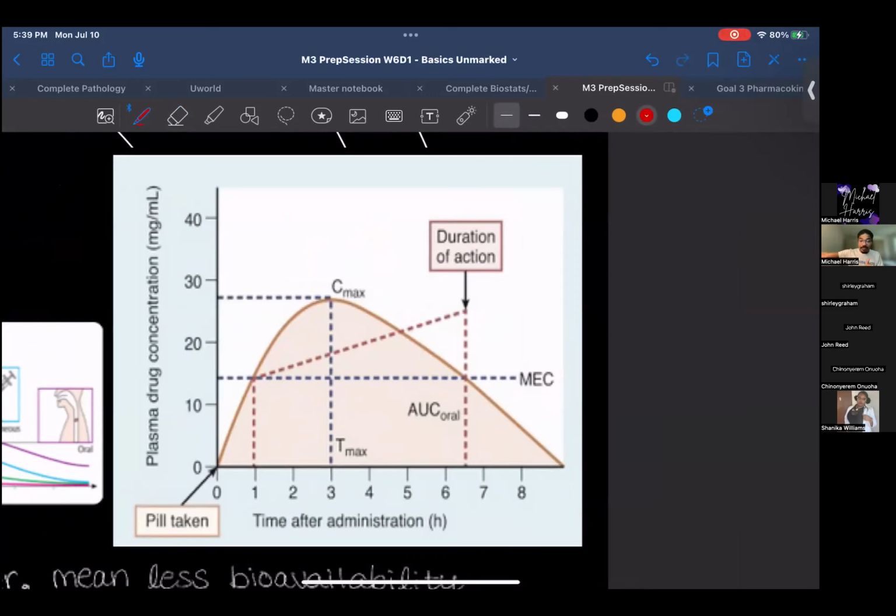Now, after that, they then said, when does the patient start seeing improvement? When the patient started noticing improvement, this is what is known as MEC. Minimal effective concentration. This is whenever you first see improvement in whatever symptom you want to improve. For instance, headache with taking Tylenol and Motrin.